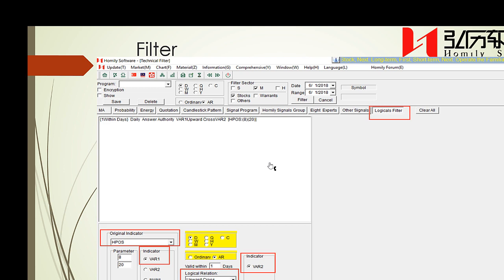Also, we will have the third buy point, but this class I didn't tell you because the Homely Position still has so many things. So I couldn't tell you all of them in one class. So today I will teach you this, and then also have another combination. So I will teach you some other things.